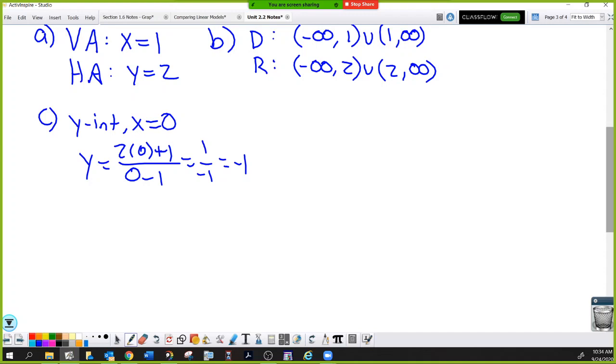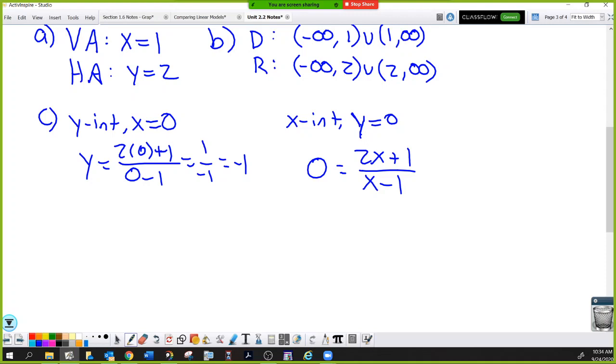So for your x-intercept, this implies that y equals 0, right? But y equals a fraction, right? Y equals 2x plus 1 over x minus 1. How is it possible that a fraction equals 0? Because that only happens one way.